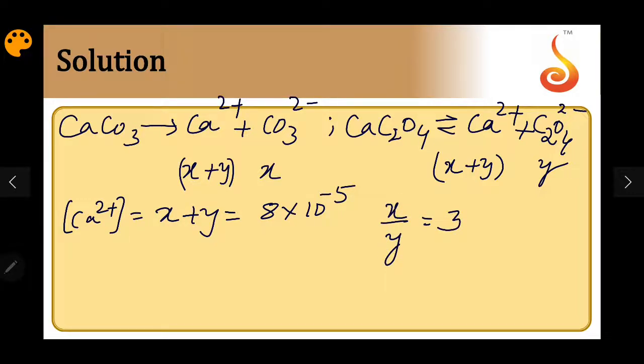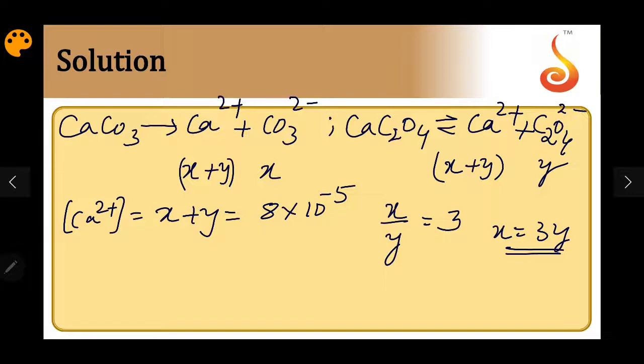So if you take the ratio of two Ksp values, then X plus Y gets cancelled. I get X by Y as 3, which implies X is equal to 3Y.